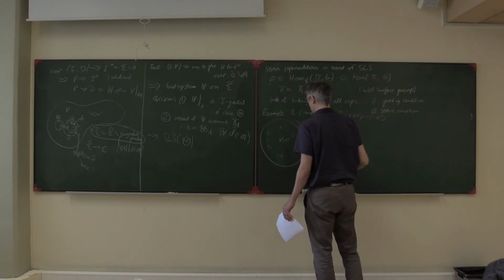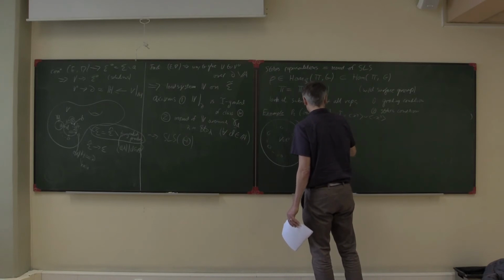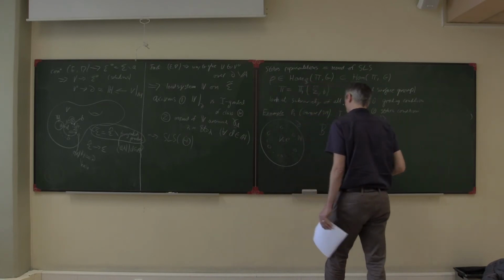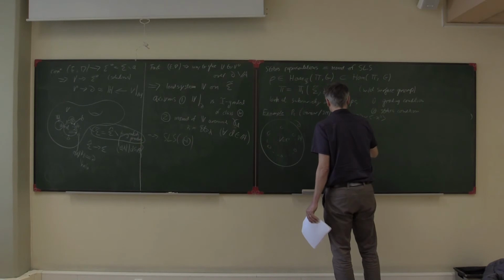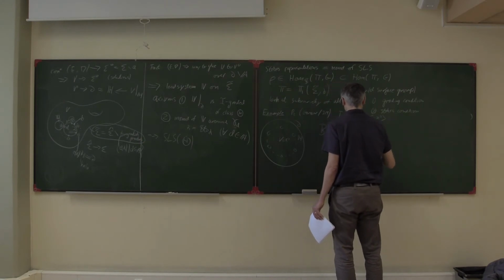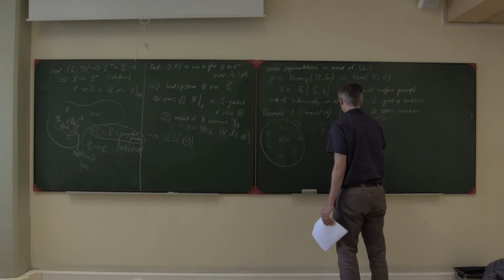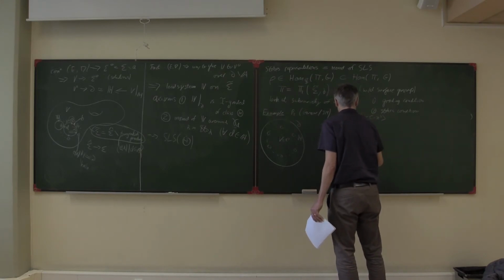So this will end up being a space I want to call B. So this will be the Stokes representations in this case, Hom S pi G. So here G is just GL2.